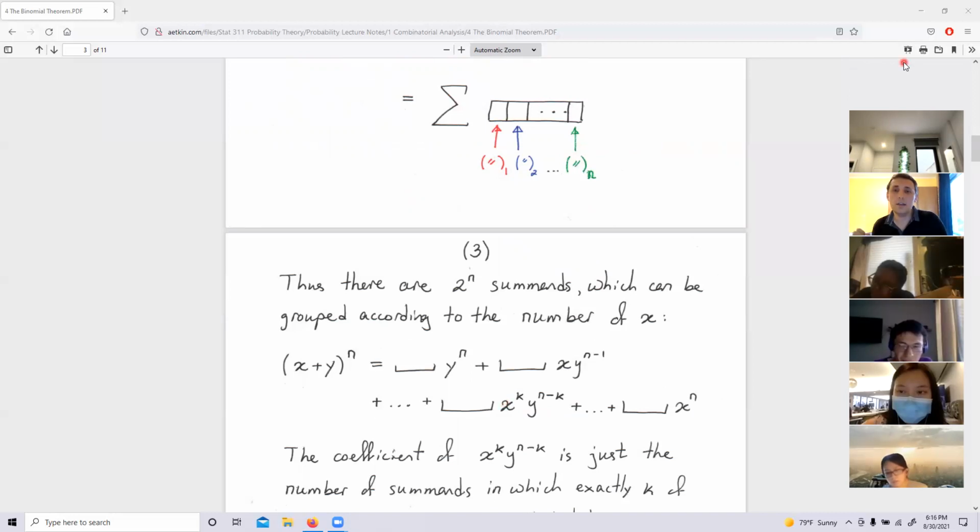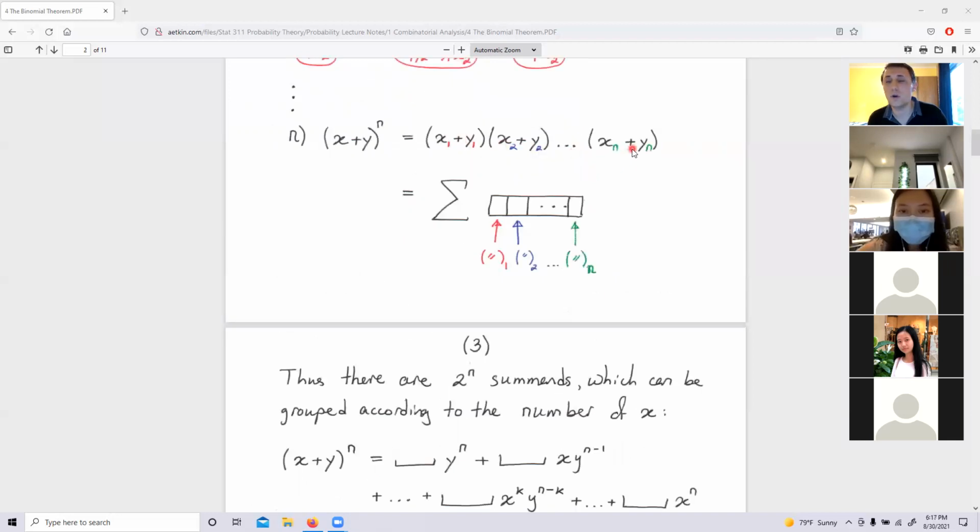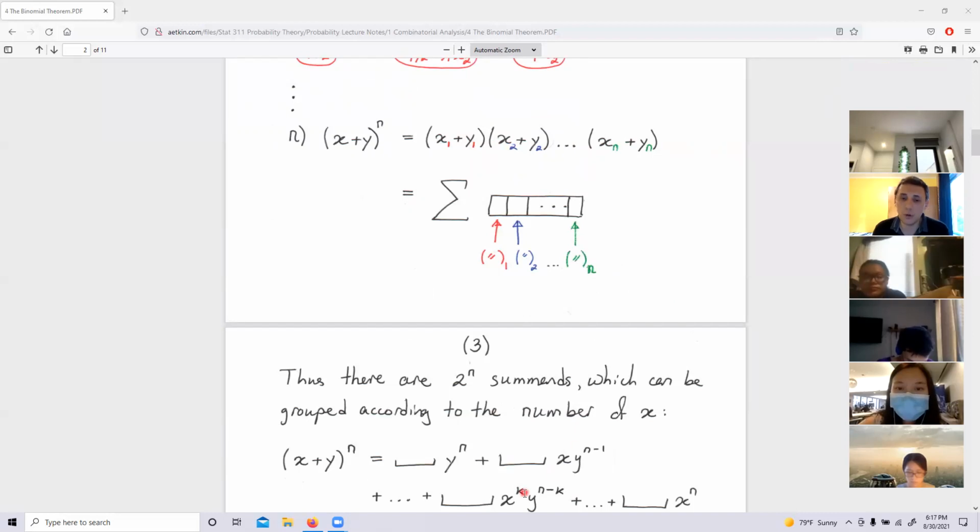The n is the number of parentheses, in the sense that we have here parentheses 1, parentheses 2, all the way to parentheses n, right? Now, how do I get x to the power of k? I can only get it if I make k of the parentheses, so I have n altogether, but k of them have to create an x or contribute an x.